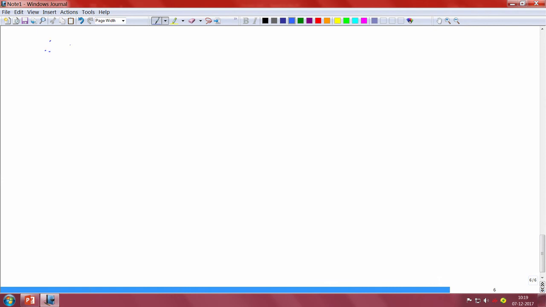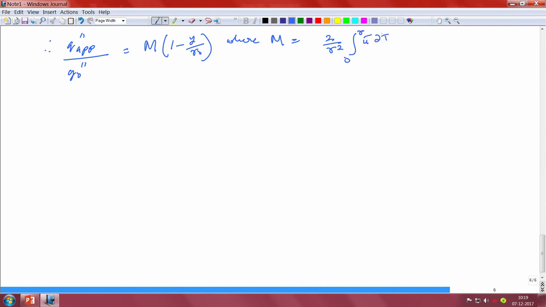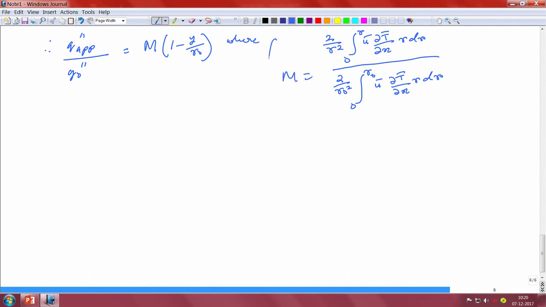So, therefore, your q apparent double prime divided by q naught double prime is given by some factor m multiplied by 1 minus y over r naught, where m is basically given as 2 by r square integral 0 to r u bar dT bar by dx r dr, divided by 2 by r naught square integral 0 to r naught u bar dT bar by dx r dr. So, this is basically that ratio of the two terms that we have written as m.